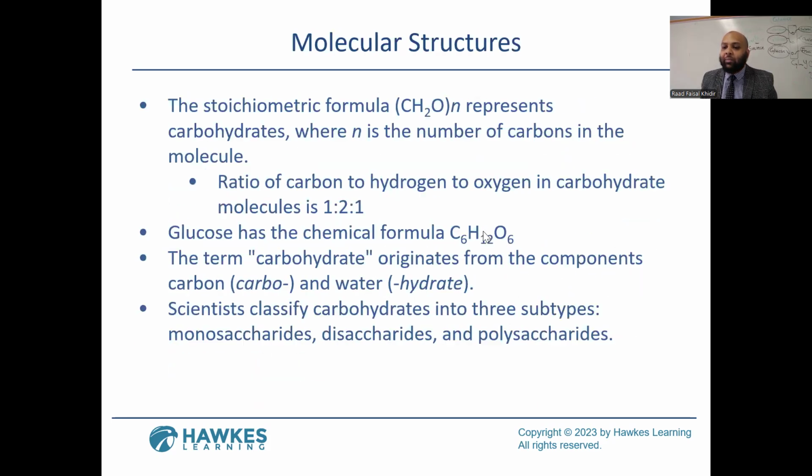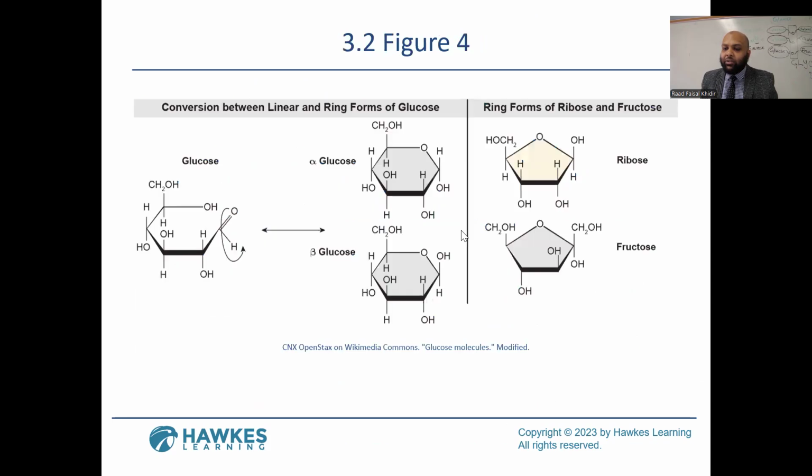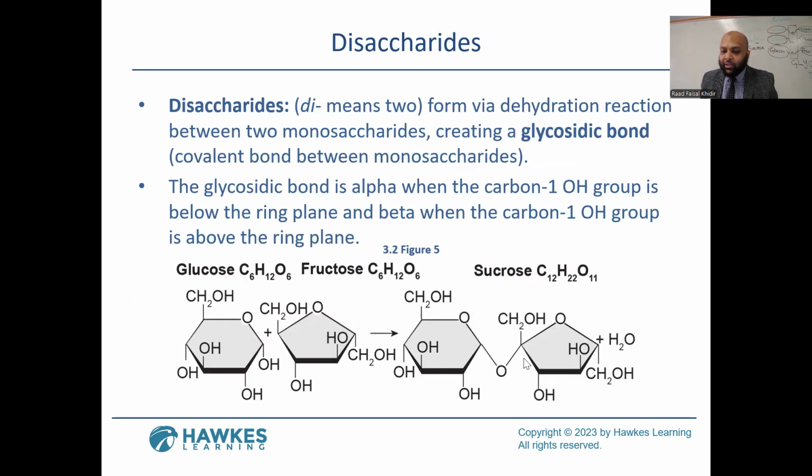The water has to come out. In order to make this glycosidic bond, you have to eliminate OH from here and an H from here, H2O, so water can come out. That's why we have dehydration, removal of water.